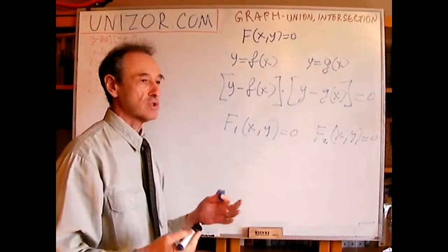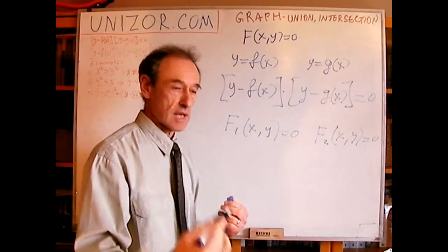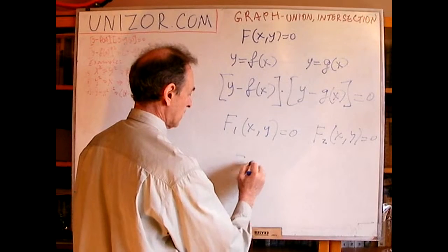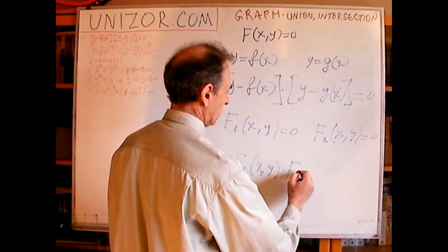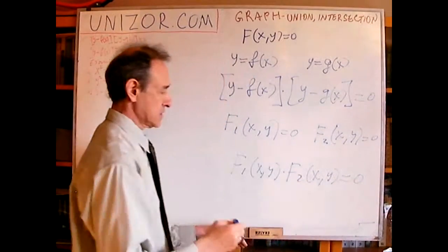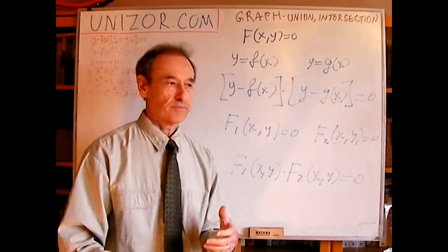The combination of these two graphs, which is a union from the set theory point of view, is represented by f1 of x and y multiplied by f2 of x and y equals 0. So this is how you unionize the graphs.